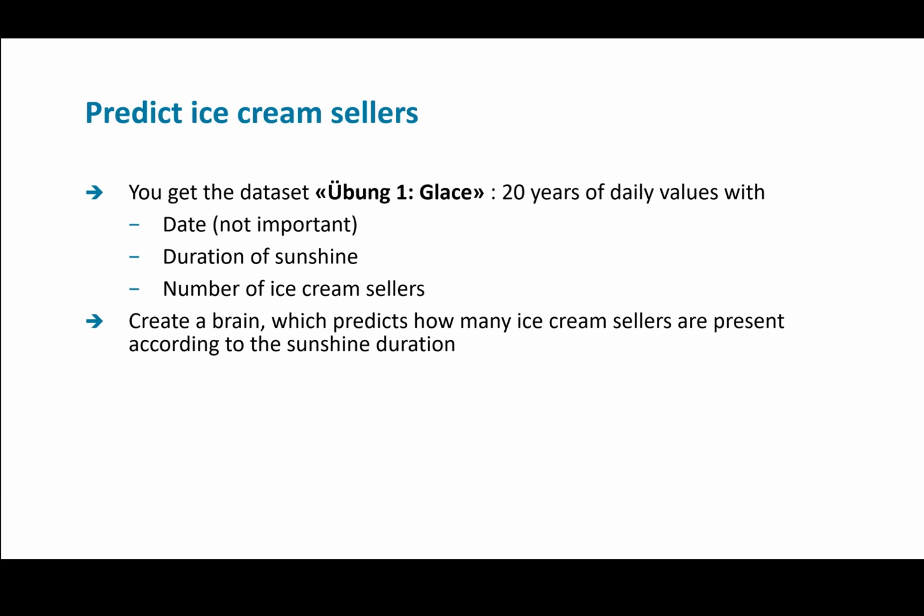In the first one, we are going to have a rather small data set with 20 years of daily values with our date, which is not important to training but we can use it to visualize, the duration of sunshine that day, and the number of ice cream sellers that were around. So we are going to create a brain which predicts how many ice cream sellers are present. And we're going to do that live, I guess.